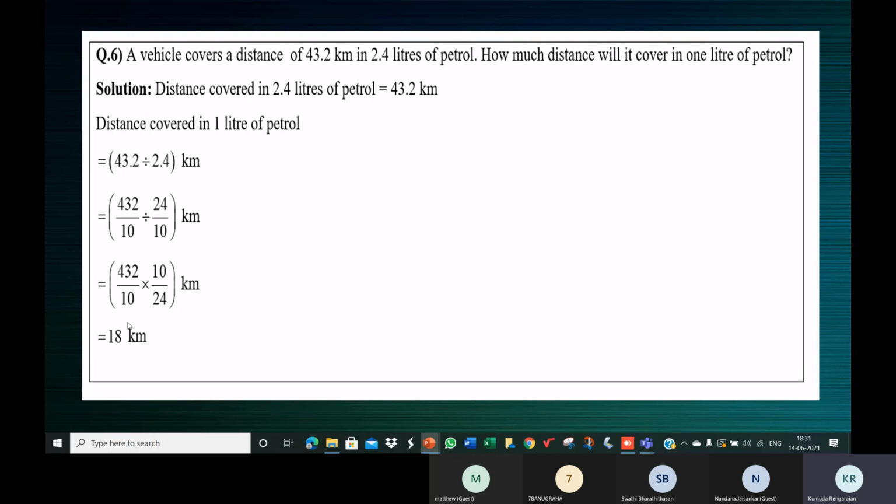Keep simplifying and you will get 18 by 1, which is 18. Ma'am, we can directly divide it by 24. 432 divided by 24, yes, you can do it.